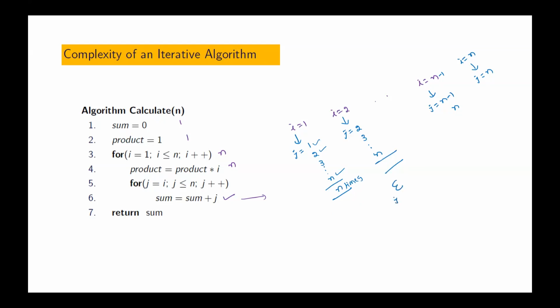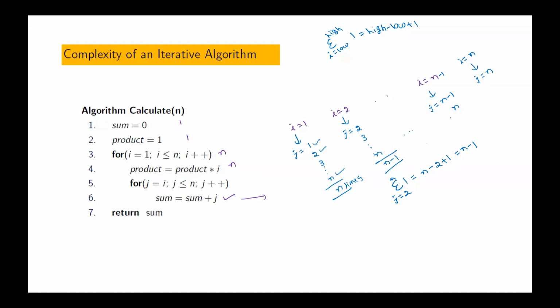This is sigma j equal to 2 to n of 1. What is this value? Please remember: sigma from lower bound to upper bound of 1 is high minus low plus 1. Correct, no? So this is n minus 2 plus 1, n minus 1. So this is performed n minus 1 times.